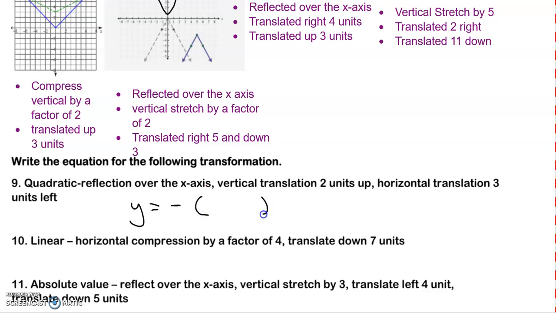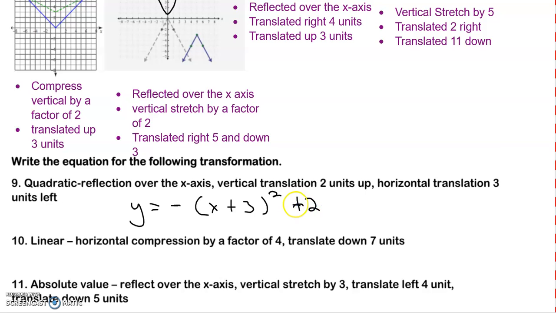When I do quadratics, I know there's always a 2 here, and it says for this one, it's going to move horizontally 3 units left. So if I want left, it's going to be the opposite. So it's going to be plus 3 in my mind. And then translate it 2 units up.